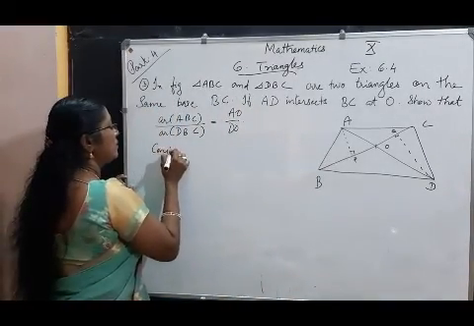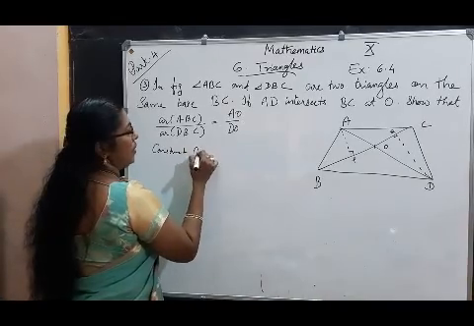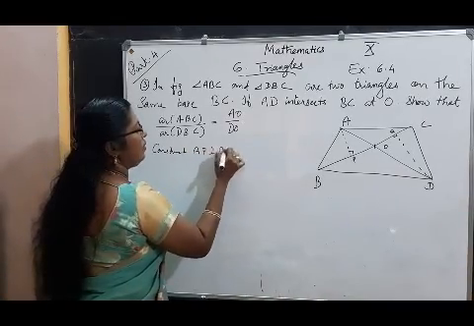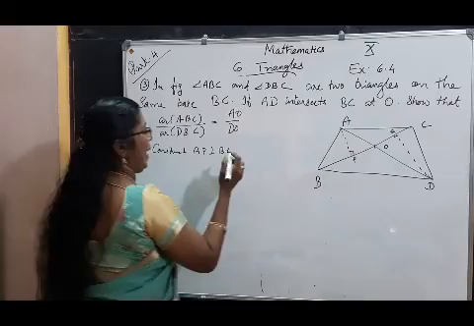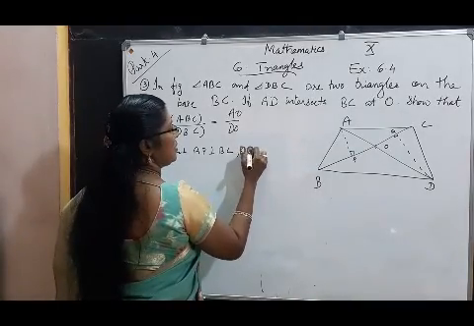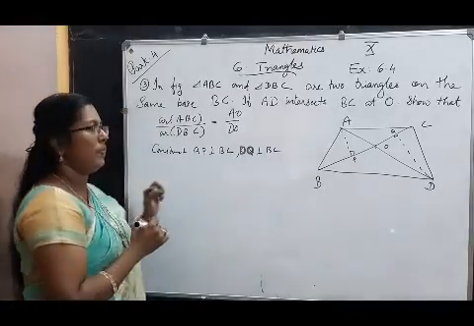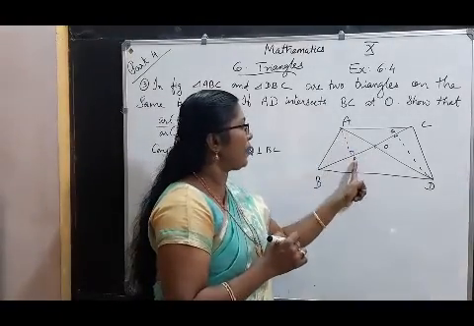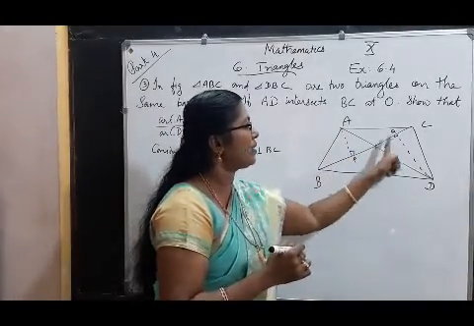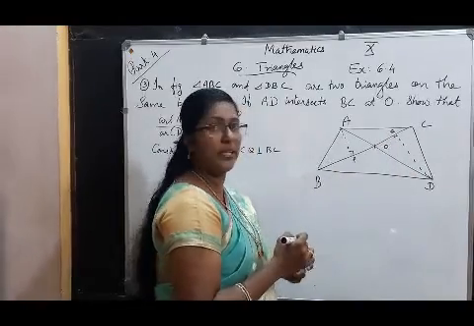Construct AP perpendicular to BC, the same base, and DQ perpendicular to BC.